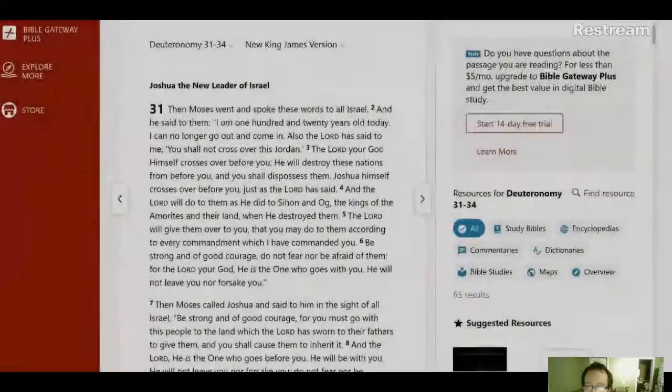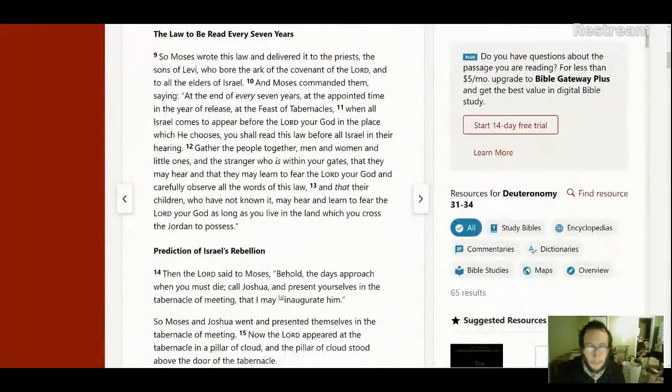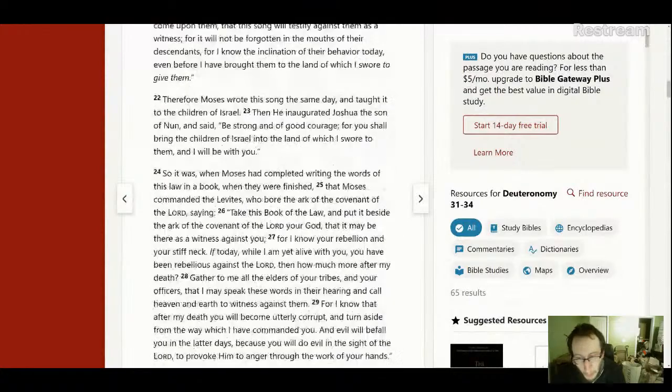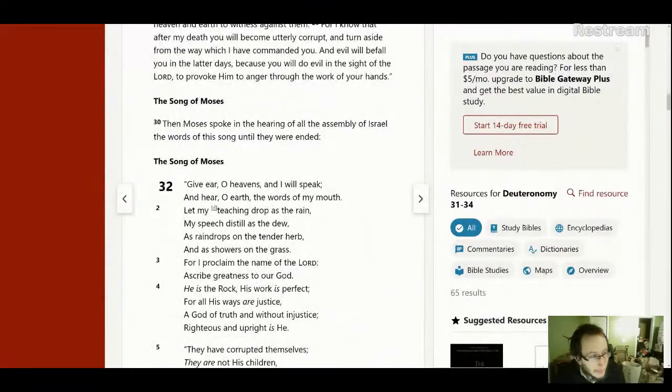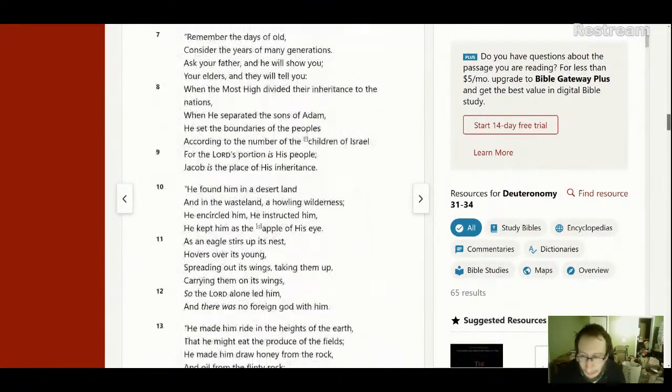So in Deuteronomy, we see, let me see here. Let's share the screen. So after the law is given and everything, Moses wants to go into the land, but he's not allowed. So let's see what happens.